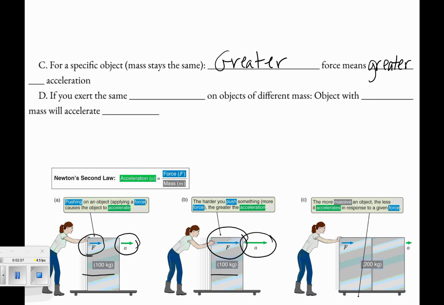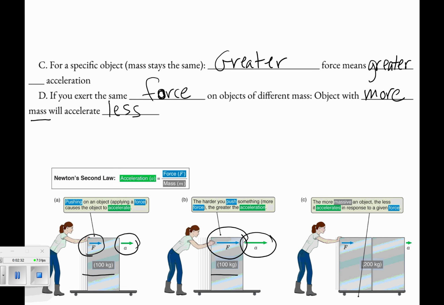However, you can think about this same relationship in a different way. If you exert the same force, this time you're pushing with the same amount of force, but you're pushing on different masses, then objects with more mass will accelerate less.